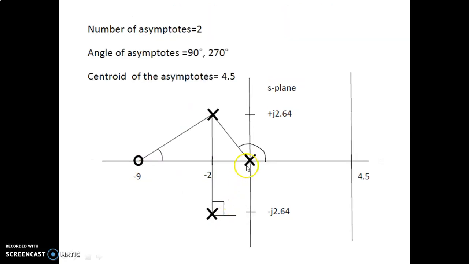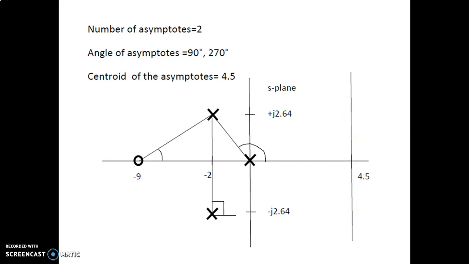Since we have three poles and a zero, the number of asymptotes is 2, and the angles of asymptotes are 90 degrees and 270 degrees. The centroid comes onto the right hand side of the s-plane. Since it is 4.5, it's situated here, with one asymptote at 90 degrees and the other at 270 degrees.